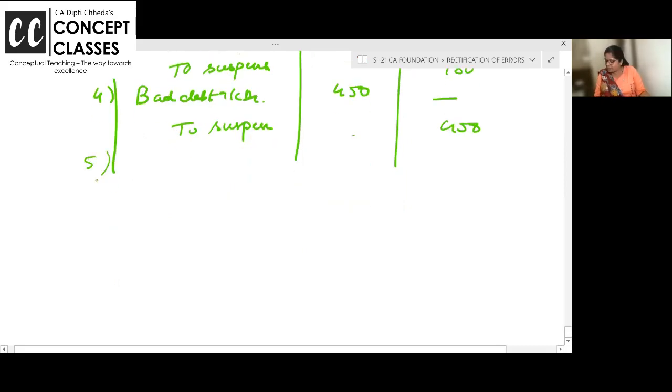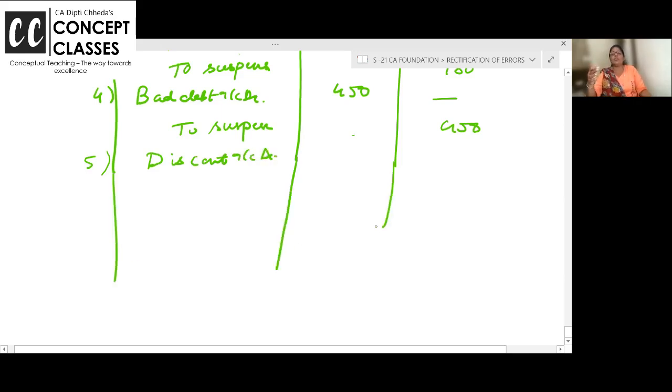Last entry. The total of the discount allowed column in the cash book for the month of September amounted to 200 and was not posted. So only discount allowed was not posted. These are all one-sided errors, so definitely they will affect the trial balance.